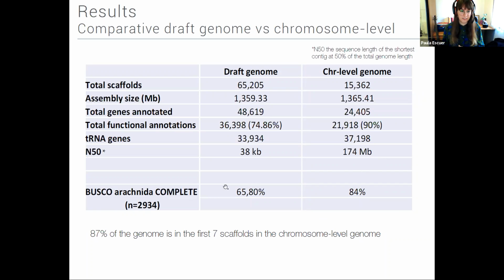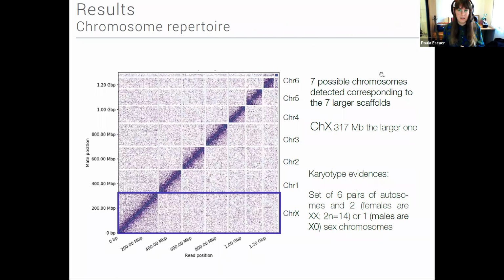Another interesting piece of data is that 80% of the genome was condensed in the 7 largest scaffolds of the chromosome-level genome. And these 7 largest scaffolds probably correspond to the 7 chromosomes of Dysdera silvatica, the largest one, highlighted here, probably being the X chromosome, with 317 megabases.